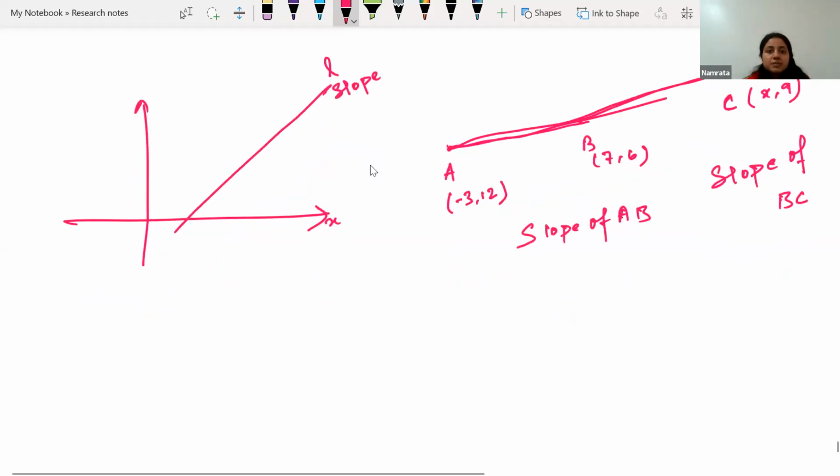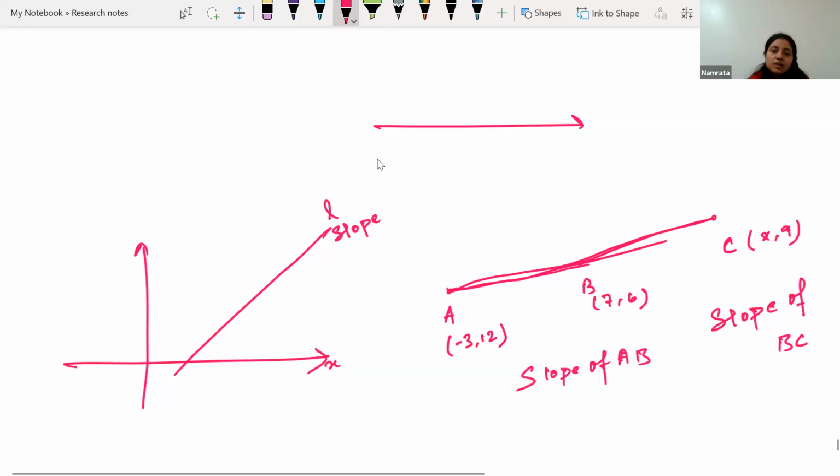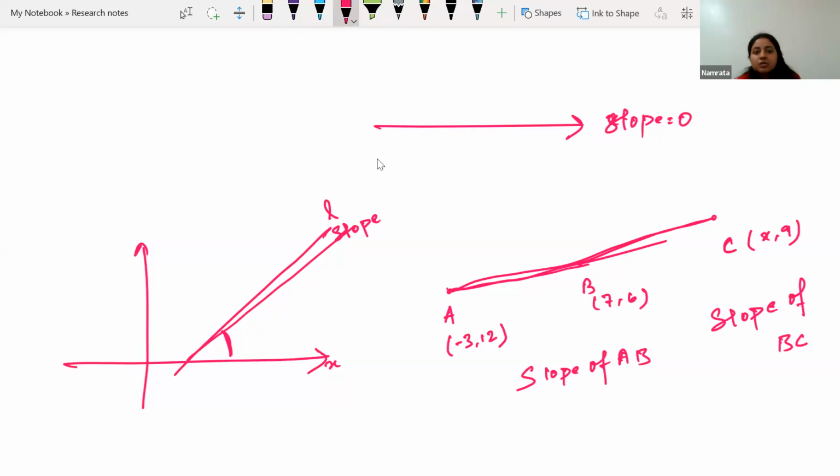From here the concept came out that when the line is horizontal, the slope is 0. When the line is like this, we find the slope using the formula y2 minus y1 by x2 minus x1, and slope is also equal to tan theta, right? Yes, ma'am. We say how much this line is making an angle with the horizontal, how much it is tilted.